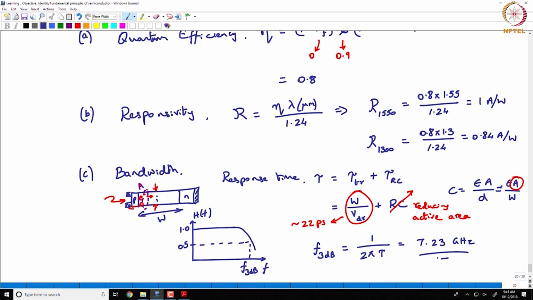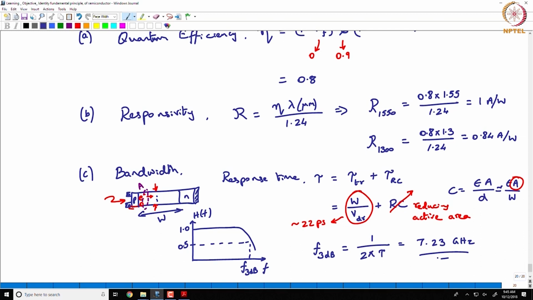Like I said, to get to that bandwidth, we are neglecting the RC time constant, which means that your area, if you go back and work out the area that you need to have so that the RC time constant is negligible, you will find that that area would correspond to something in the order of tens of micron square.